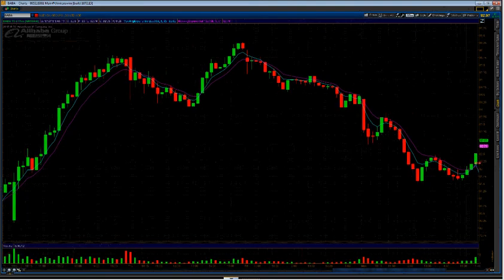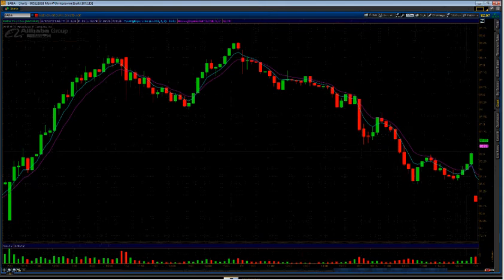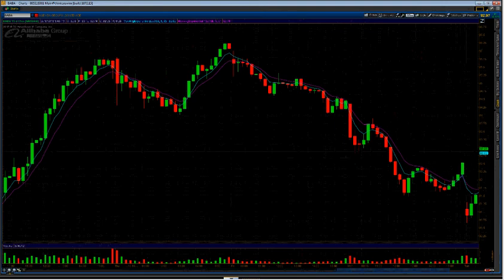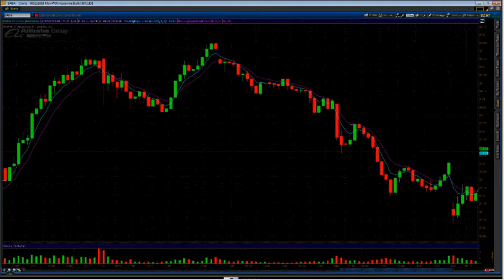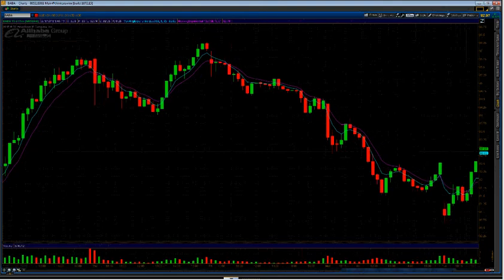And it wasn't until here that the 5 actually crossed, so this could have suckered you into some calls. But it got you out of your puts. And then sadly, you wouldn't have been in any puts here. And there you would have grabbed calls.